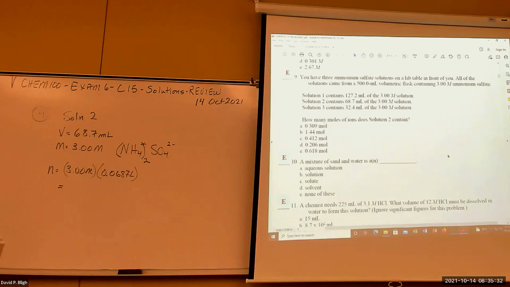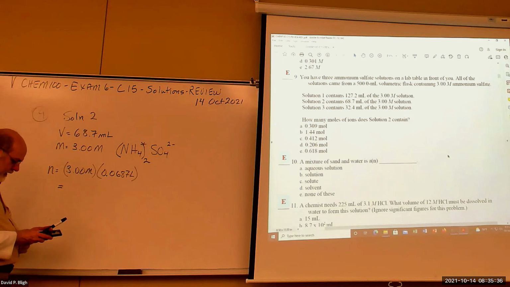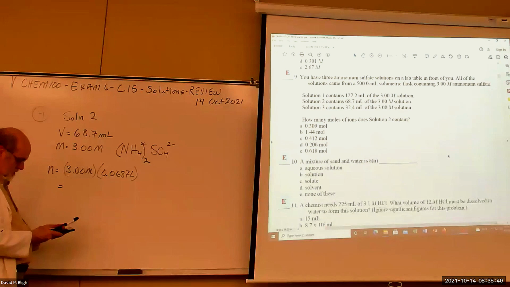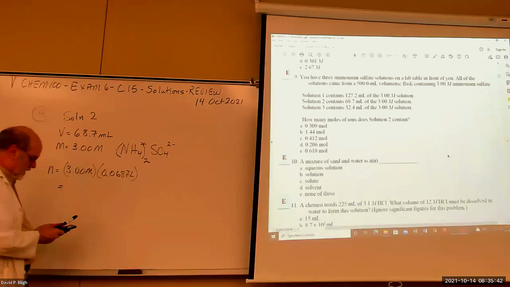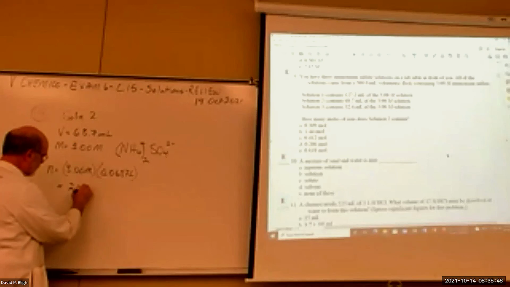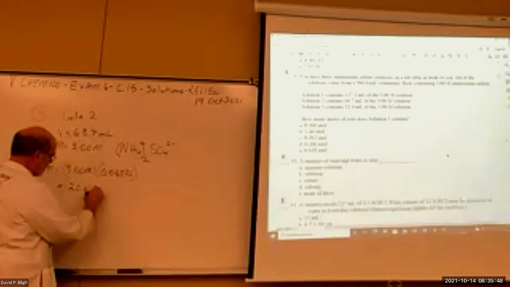I'm not going to do that one in my head. I run into trouble when I do that. Okay, 20.61 moles. Does that look reasonable? No, it doesn't. I went the wrong direction. 0.2061.